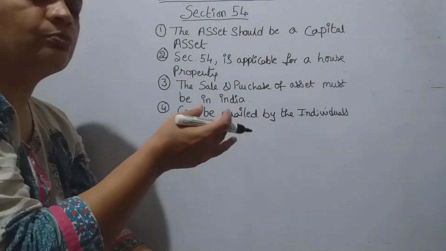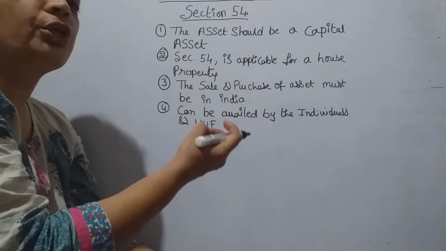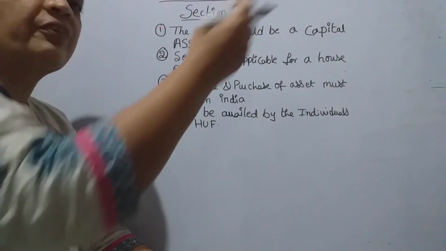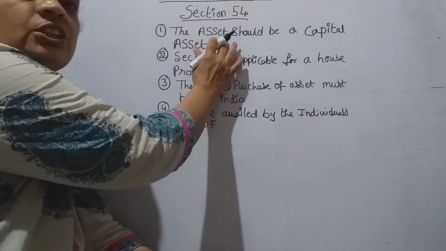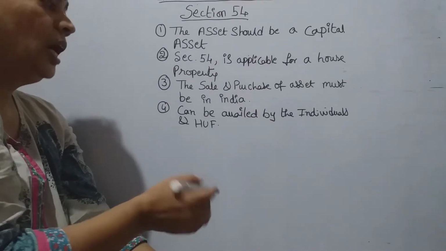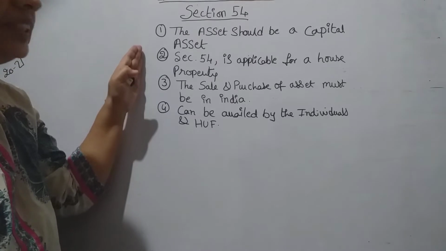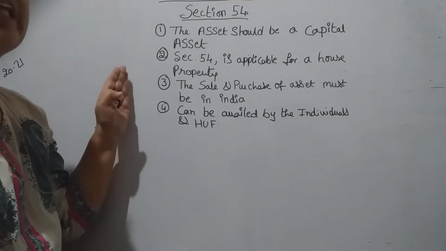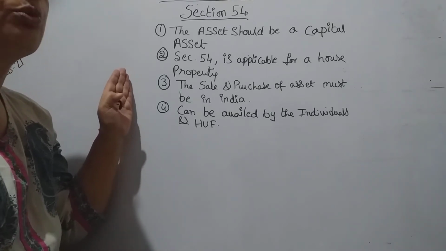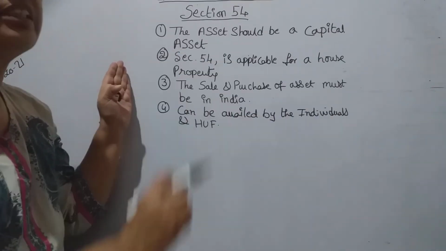Suppose you sell a property, and with that amount you purchase some other asset in a different country, then this section is not applicable. Only if all these conditions are satisfied are you exempted, not paying the tax on the consideration.